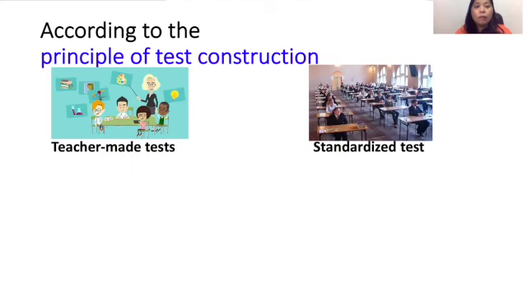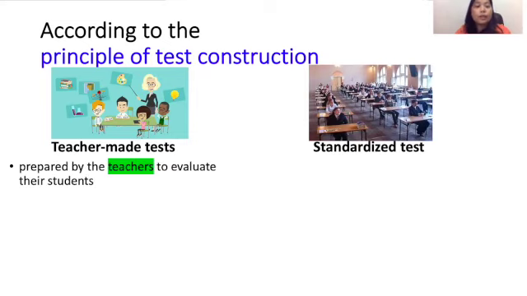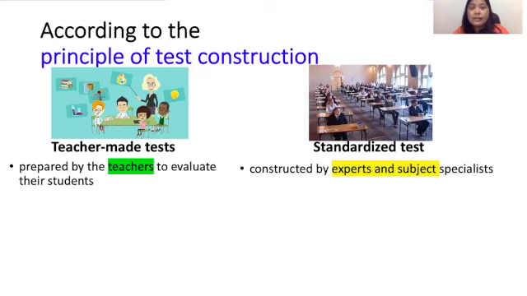All right, so there are different types of tests, and we can categorize them in different ways. First is according to the principle of test construction. It's either the test is teacher-made or it is standardized. Teacher-made tests are prepared by teachers, while standardized tests are constructed by experts and subject specialists.